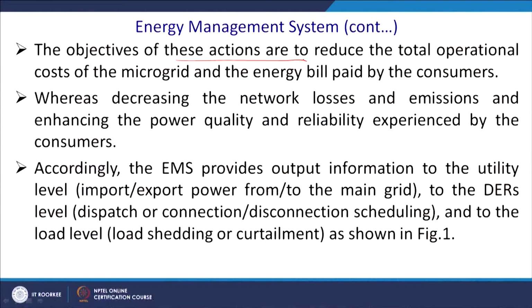The objectives of these actions are to reduce the total operational costs of the microgrid, and the bill paid by the customer is required to be minimized. So, this is multi-objective: you require reliable power, but you also require that the consumer should pay less, and you have different control levels as well.